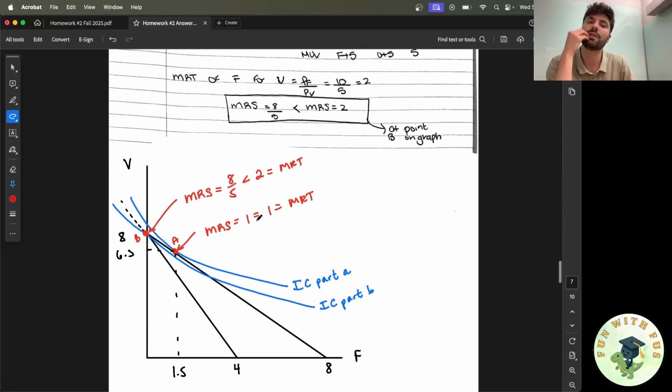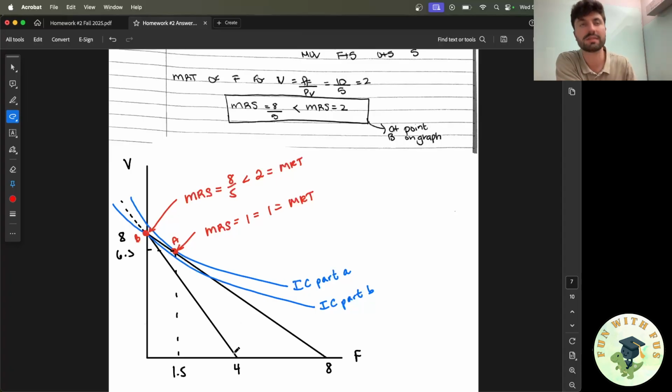And for this one, how I would start this graph is I would first draw the budget lines. So we know that this first budget line for part A was going to be like we could first afford 8 fruit and 8 vegetables. And then we went down.